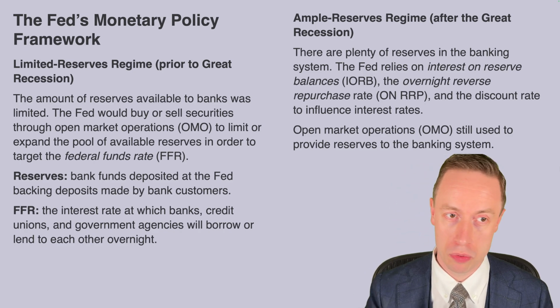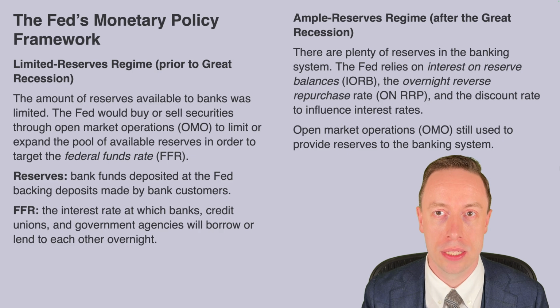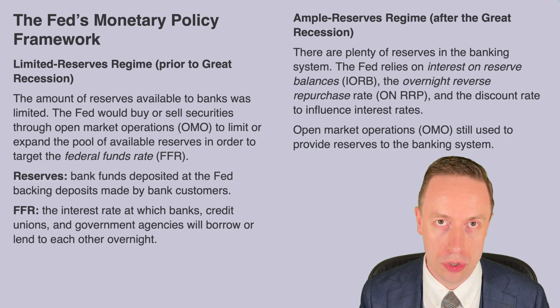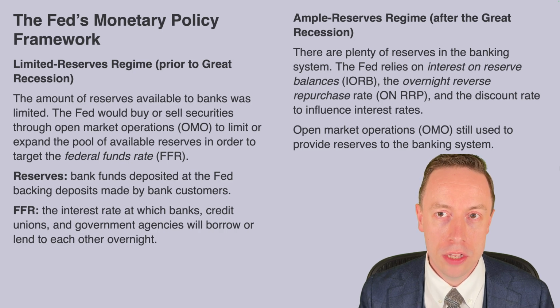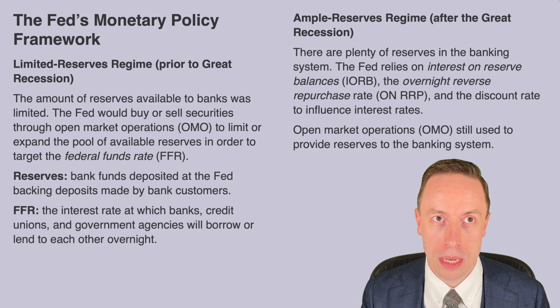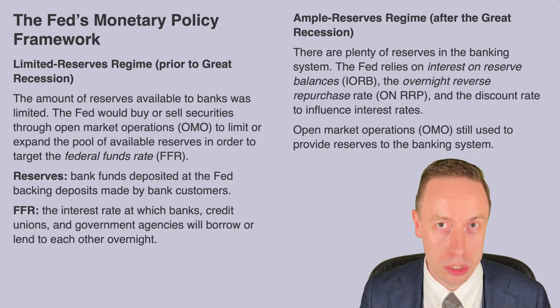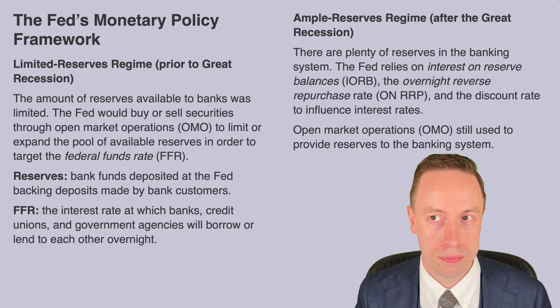It used to be if you had reserves at the Fed, there was just a 0% account, if you will. Now the Federal Reserve pays interest on these reserve balances. And of course, no bank is going to make a loan at an interest rate lower than what they can get just by depositing their money super safe with the Federal Reserve.